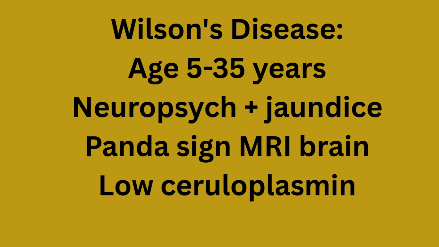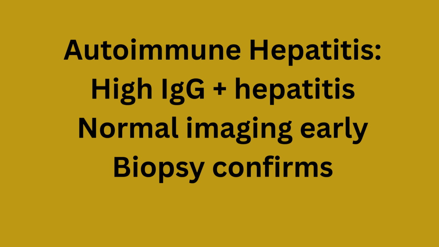MRI brain shows face of the giant panda sign. Low ceruloplasmin confirms. Autoimmune hepatitis, high IgG with hepatitis pattern, often normal imaging early. Liver biopsy confirms. For details, see shots 46 to 49.